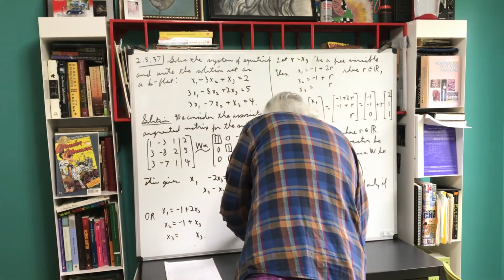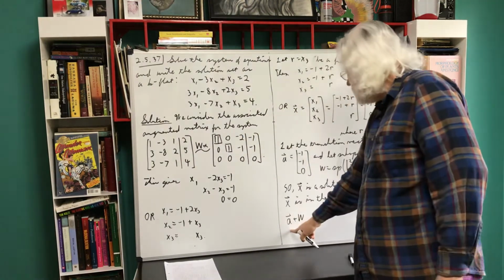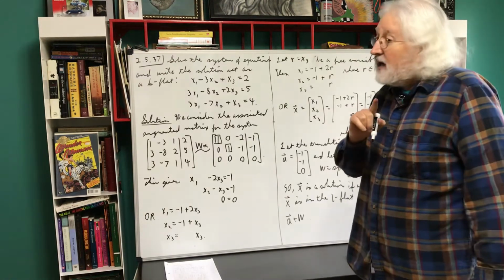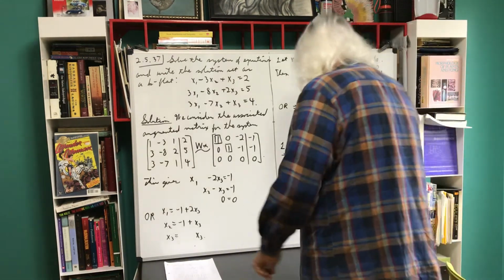I promise to represent it as A plus W, where A is the translation vector given here, W is a subspace. How are you going to describe subspaces? By giving a basis. This is an easy one because it's one-dimensional.